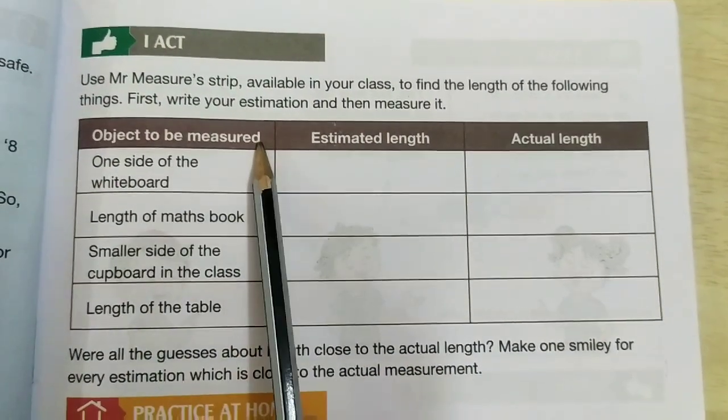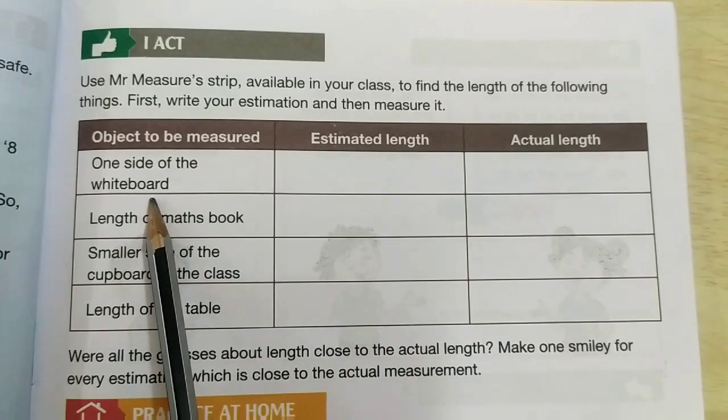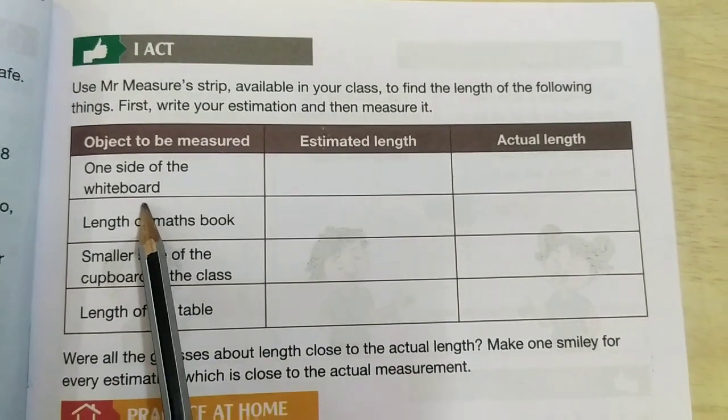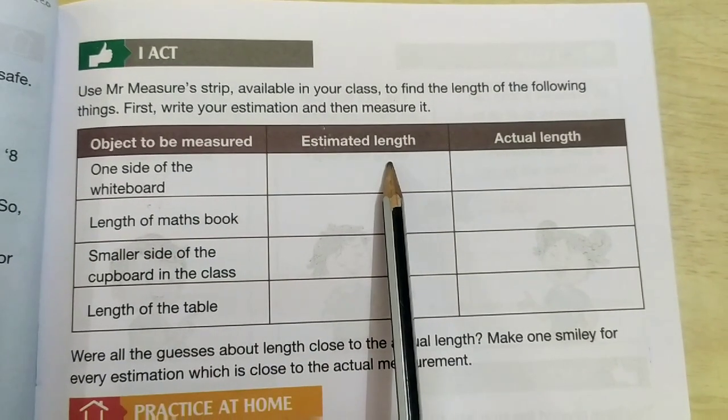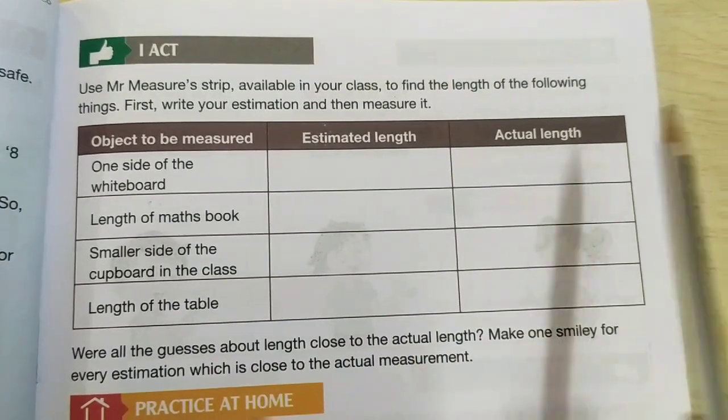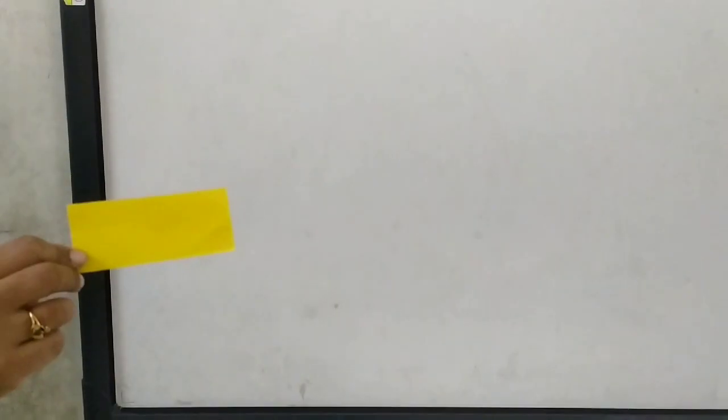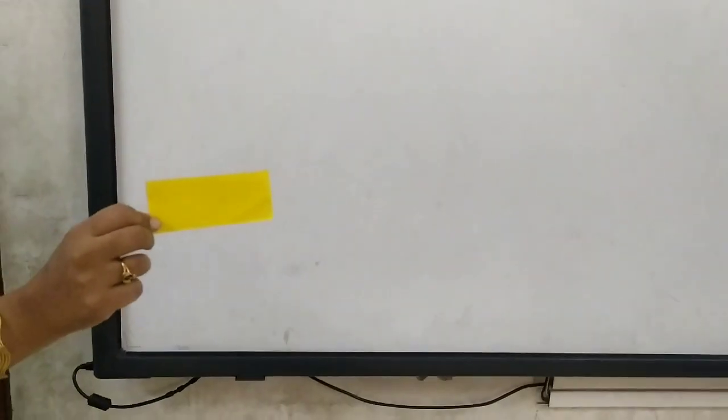First object to be measured, one side of the whiteboard. Now I am going to measure one side of the whiteboard. Okay. First I will estimate the length, then I will measure the length. See children, this is my strip and this is our smart board.